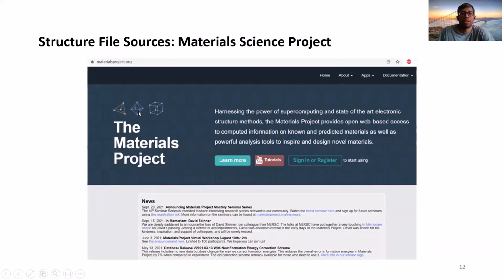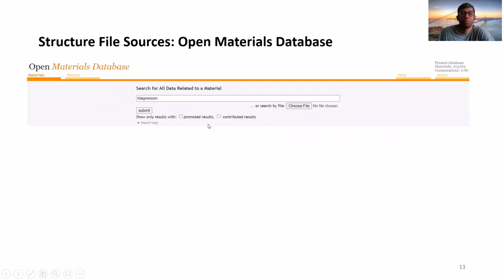These are some homepage screenshots for the databases that I have told you about. For example, this is the Materials Project, which is very popular for material science related projects. You can get a lot of structures from there. Probably you have to sign in or register to download the structures in XYZ or CIF format. This is the Open Materials Database.